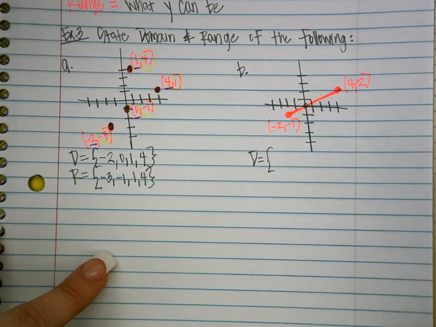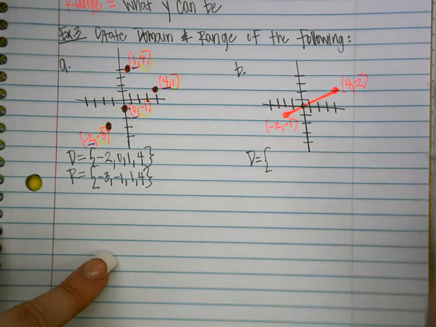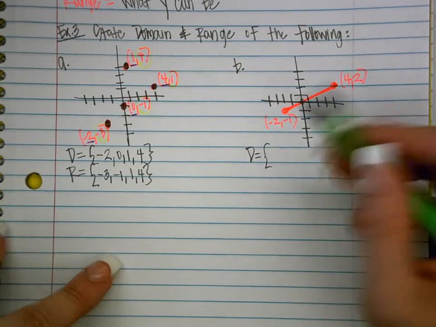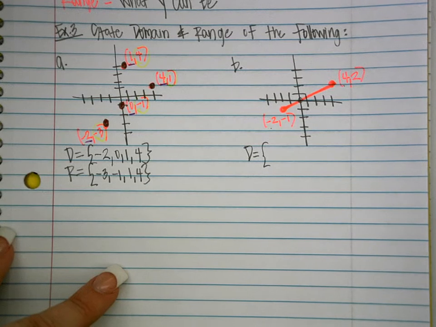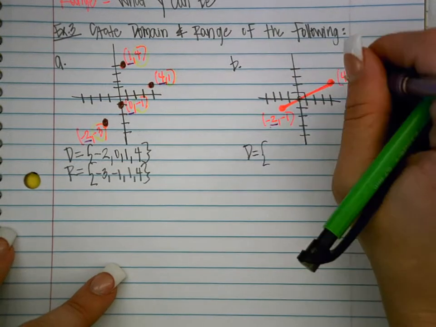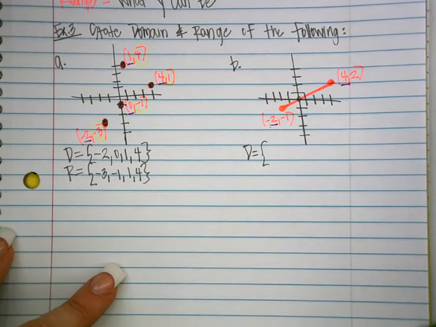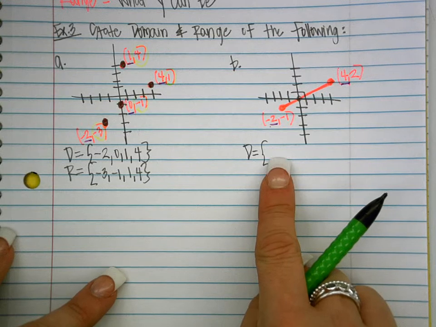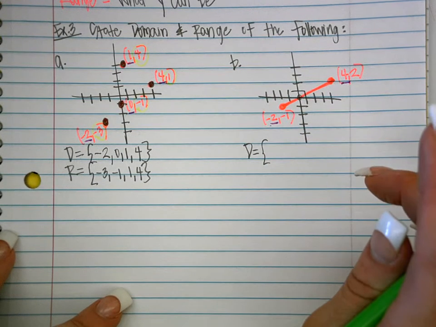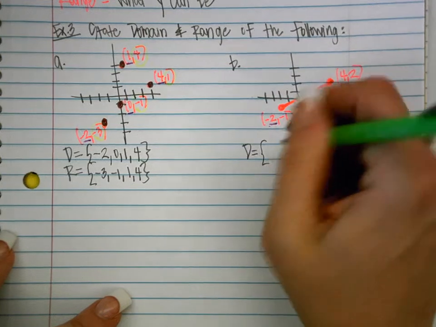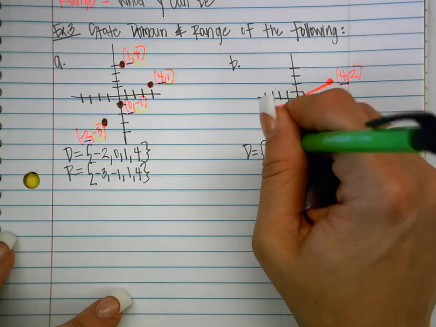So what do you think we have to do? Is it just -2 and +4? No. But it's what? Everything in between those, right? So how would you write every x value in between -2 and +4? Not -2 dash 4.